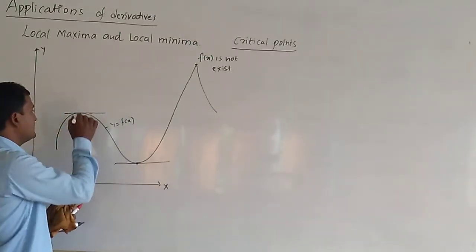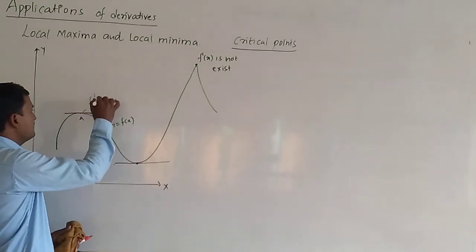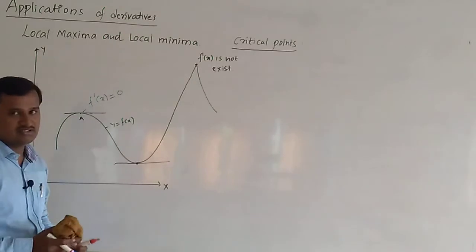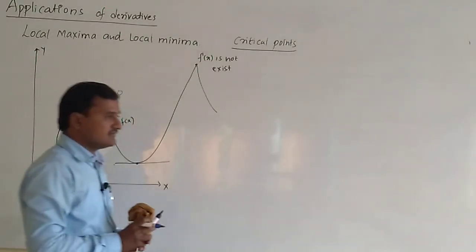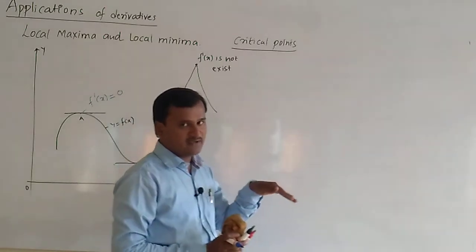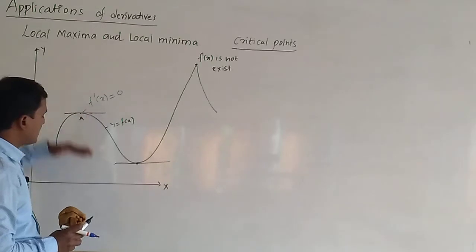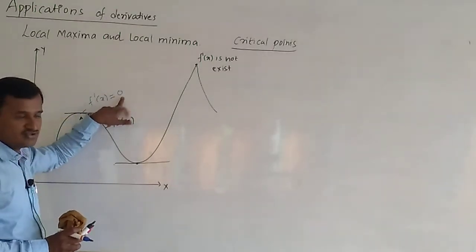Now here, what is the value of f dash of x? Clearly the value of f dash of x is 0, because f dash of x is the slope of the tangent, that is tan theta. In this case the tangent is parallel to the x axis, therefore f dash of x equals 0.